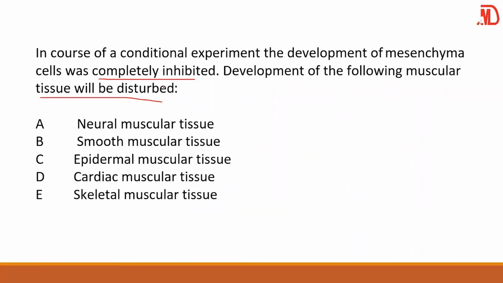So the question is, what is the function of mesenchymal cells? Now, a mesenchyme is a type of connective tissue that is found mostly during the development of the embryo. It is composed mainly of ground substances with a few cells or fibers.